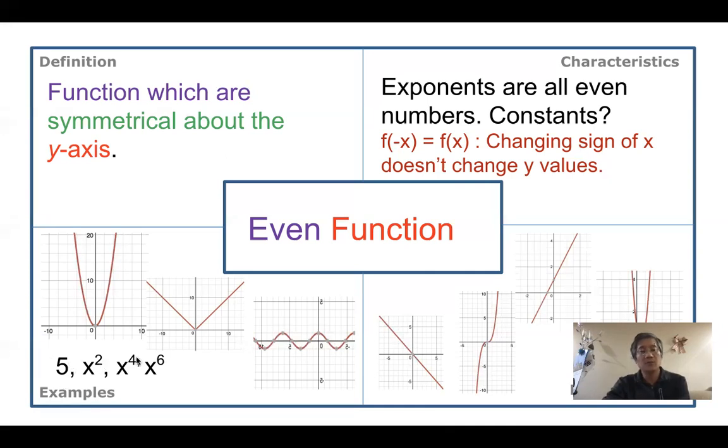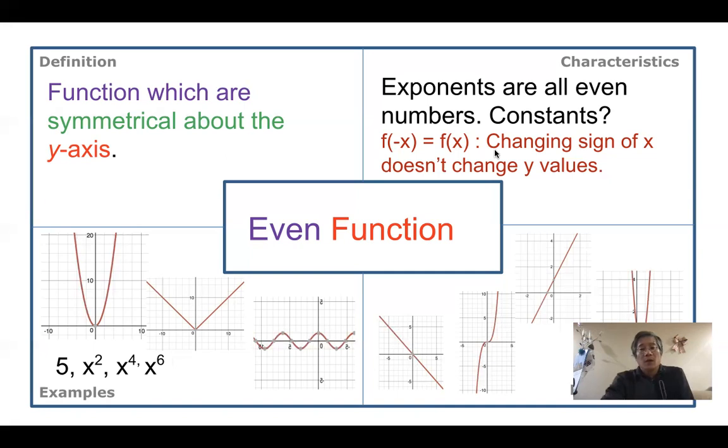So 0, 2, 4, 6. Do you see the patterns? So if you see characteristics, exponents are all even numbers and constants, what happened? Like a 5 here, constants also, exponents are even number because it's 0.